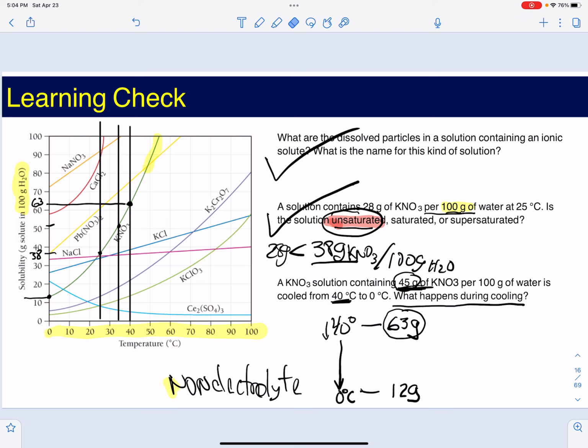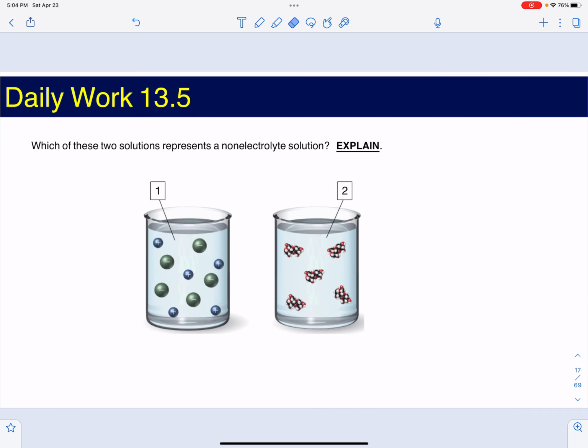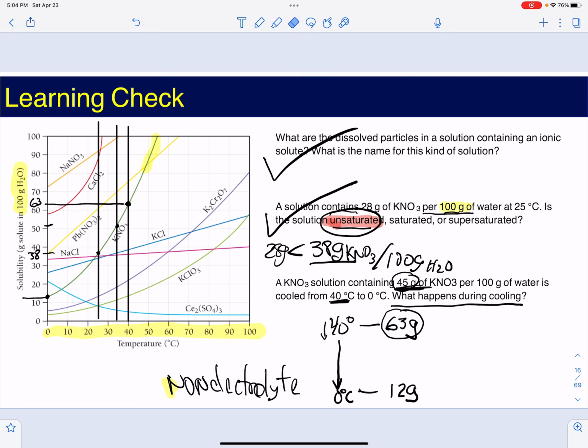At 30 degrees Celsius, it would be around here, which is going to be around 45. Anything below 30 degrees Celsius, I will begin to see precipitate.